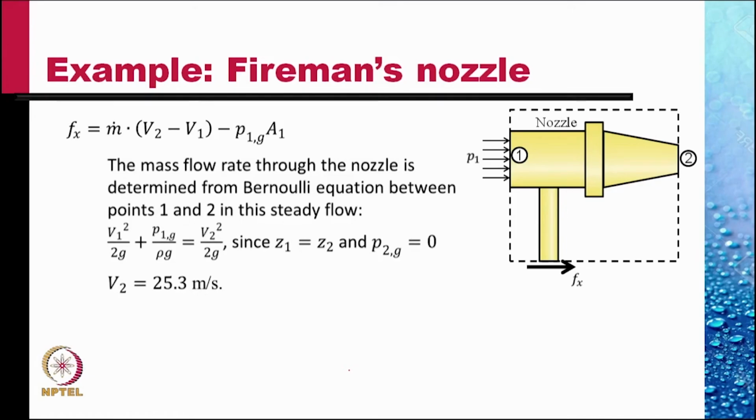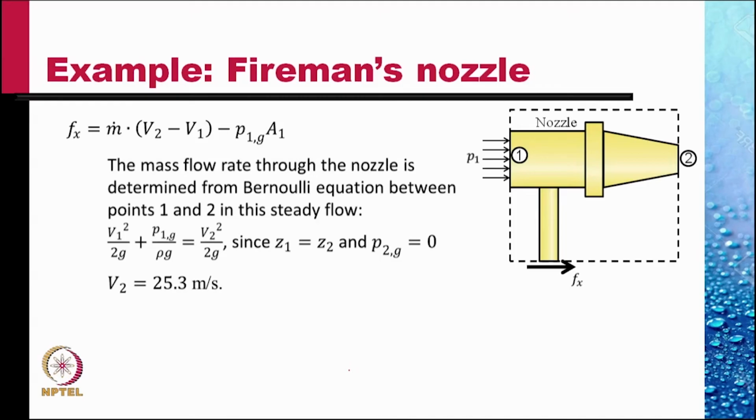And if we apply the Bernoulli equation between points 1 and 2, V1 squared by 2g plus P1g by rho g should be equal to V2 squared by 2g, since Z1 is Z2 and P2g is 0.